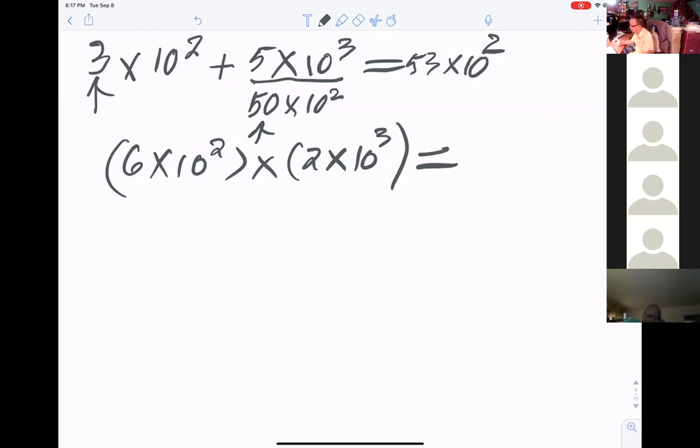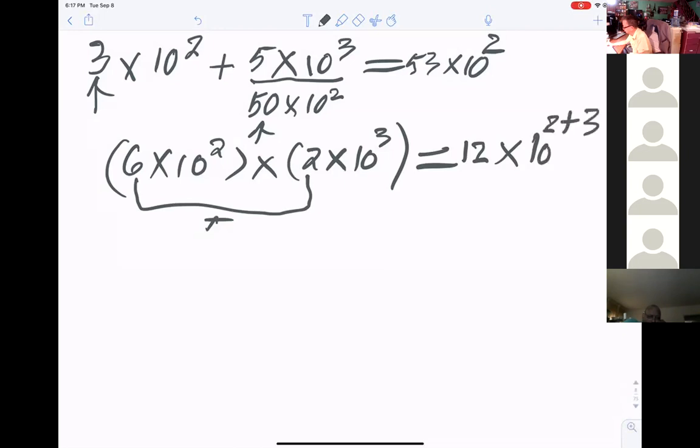Okay, in order to do it, you multiply 6 by 2. That means you get 12. And the powers you add them up: 10 to the power of 2 plus 3.